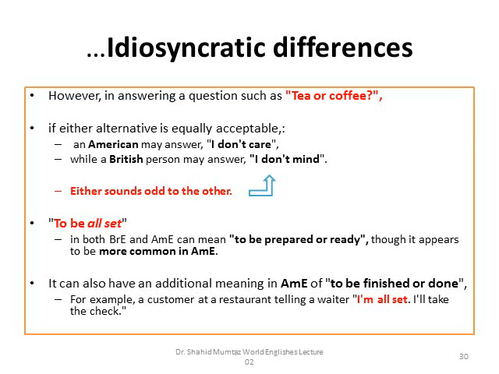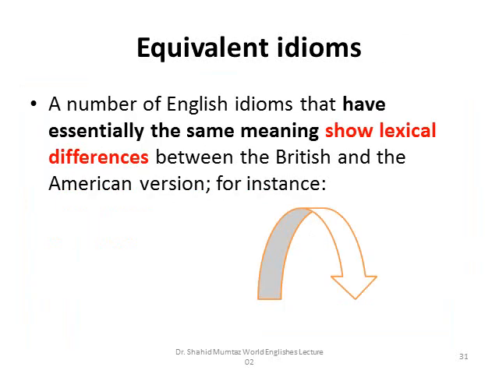For example, a customer at a restaurant telling a waiter, "I'm all set, I'll take the check." So I mean, I'm done. So you can see it has a different, or one additional, meaning in American English.